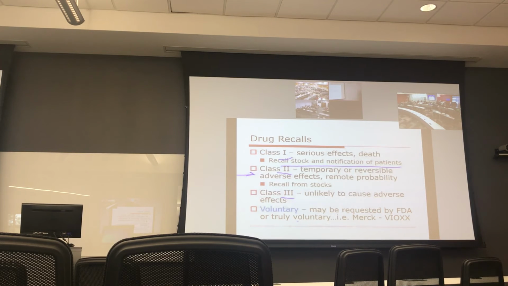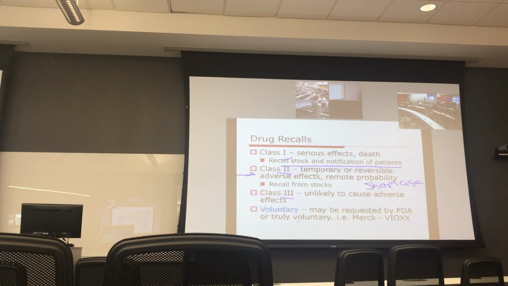But they are trying to trace that back, and it's resulted in some shortages of all these products. I'm sure all of you have dealt with that. It's also resulted in a lot of phone calls from our patients every time they see it on the news, asking if their drug is in that part. Class 3 is unlikely to cause adverse effects, and you usually don't hear about that. You might get a flyer from your wholesaler or something like that about it.